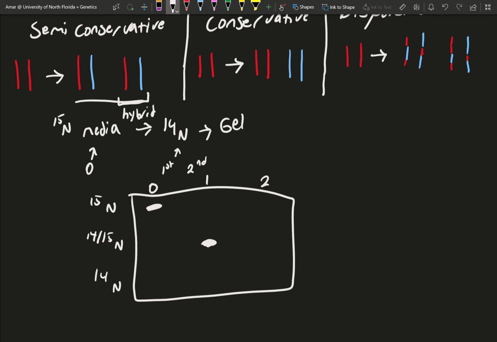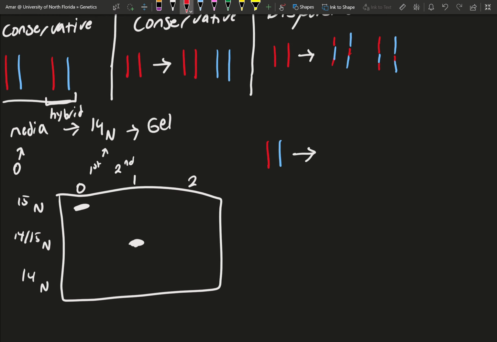If we take that further, we're trying to replicate that process through the semi-conservative model. First of all, you would conserve this strand over here, and then you would make a new strand. We're going to take that step forward with this one as well: we conserve that blue strand, and we add a new blue strand to it.